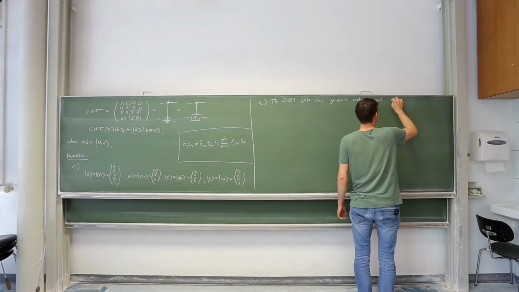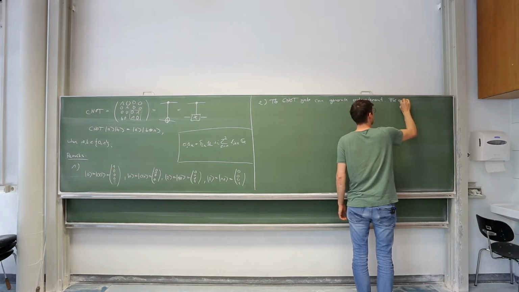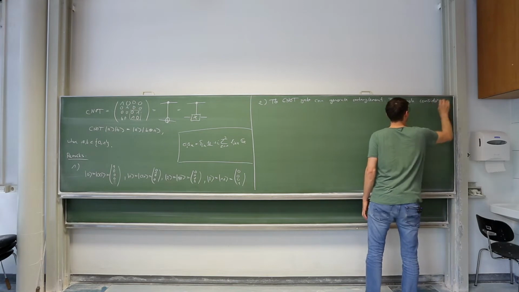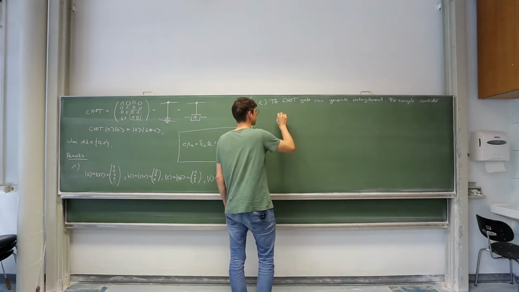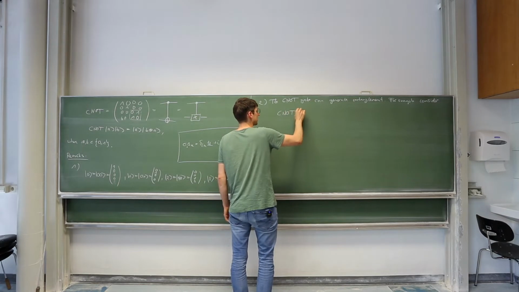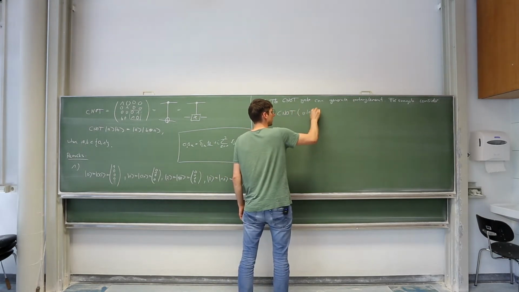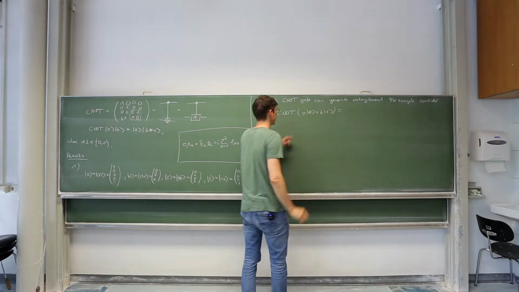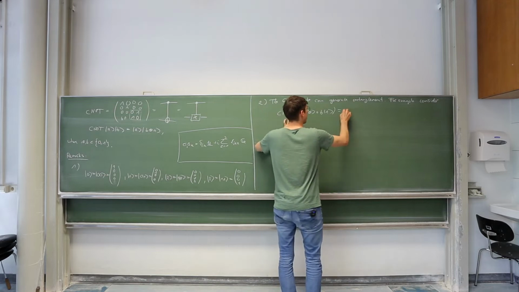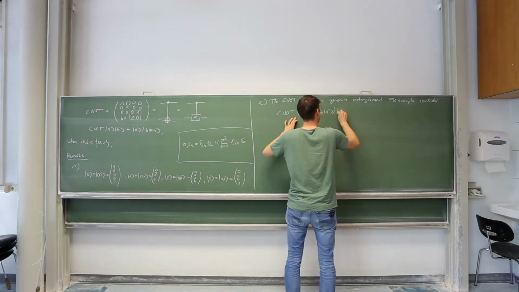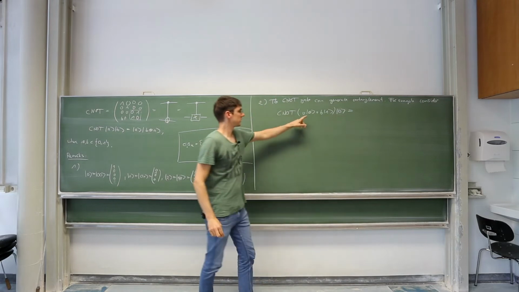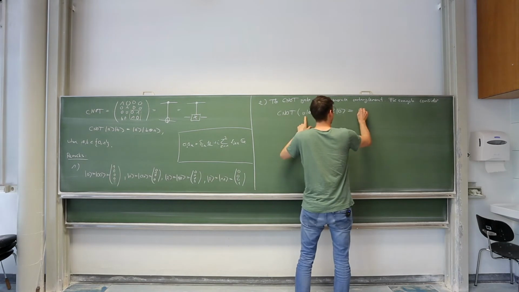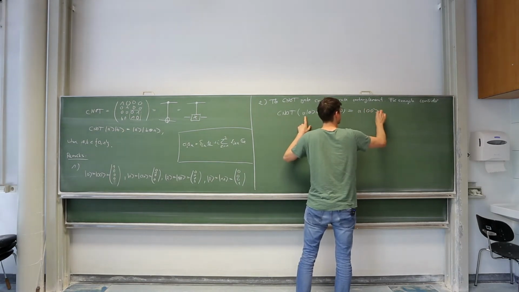To see this, consider, for example, that the CNOT-gate acts on a state, say, A0 plus B1, and here we have 0 as the second qubit. So if the first qubit is 0, nothing happens, meaning that we get A times (0, 0).